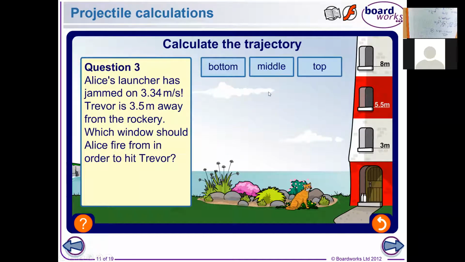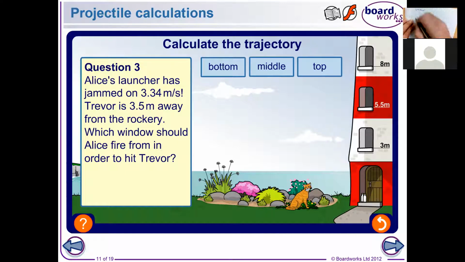We know that the launcher's jammed on 3.34 meters per second, so the horizontal velocity is 3.34 meters per second.